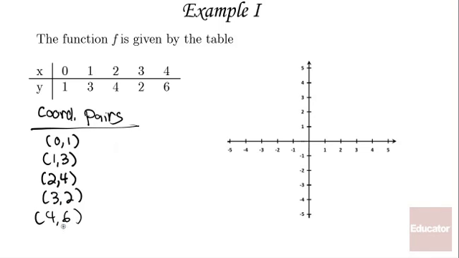So double checking that I have all these correct and that my x values are first and that my y values are second, I'm going to look at my coordinate plane. My first value is 0, 1. Therefore, I'm at 0 on the x-axis and at 1 on the y-axis. For my second coordinate pair, x is 1 and y is 3.